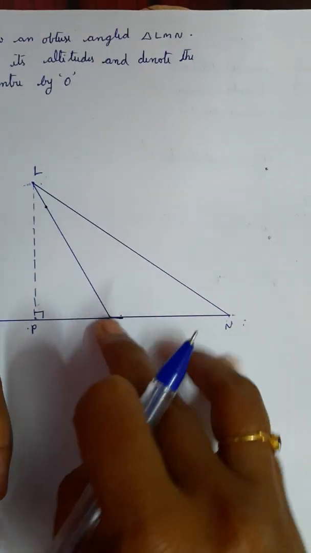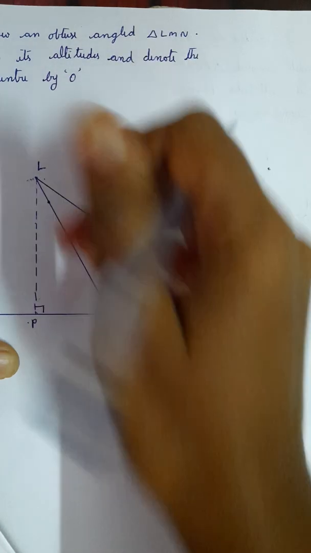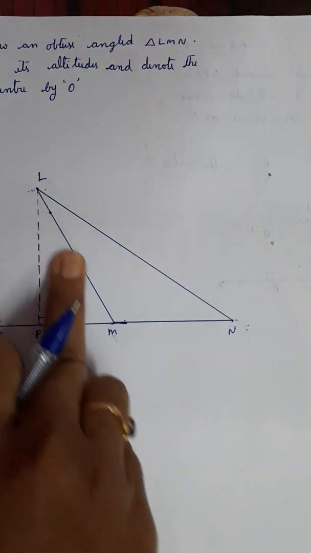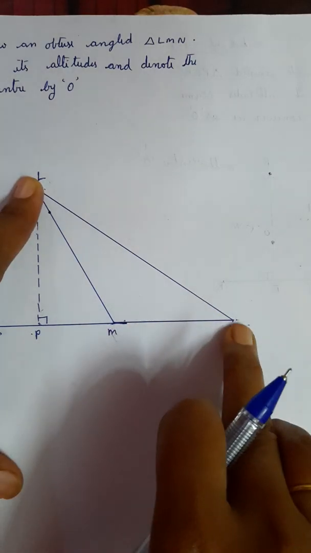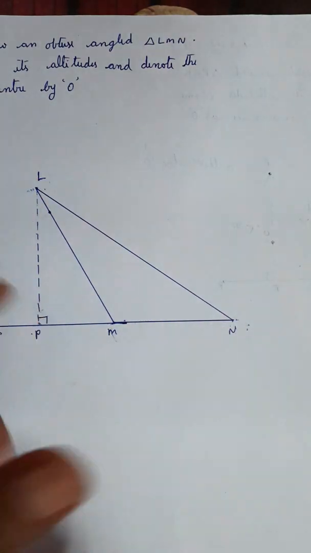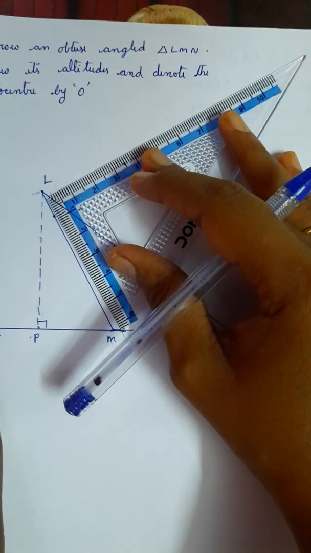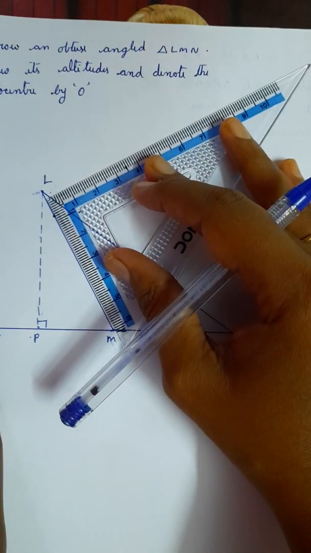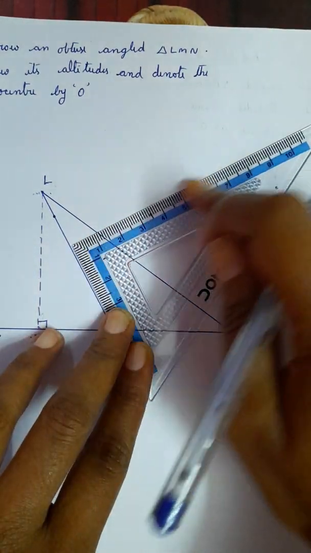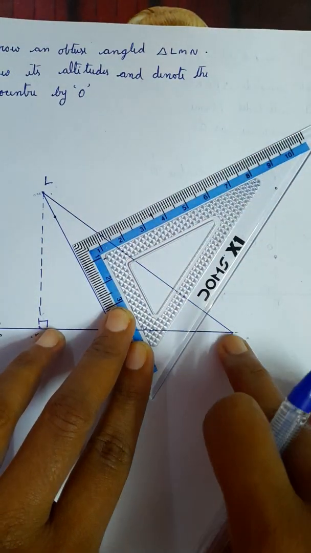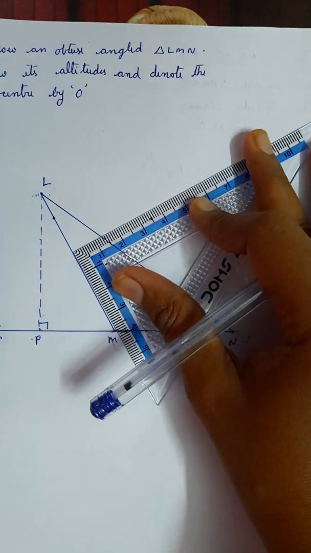Now after taking MN, I am taking side LM. If you are taking side LM, what is the opposite vertex here? N. So keep the base of the set square on LM and drag. This perpendicular side should touch N, the opposite vertex. So how is it possible?